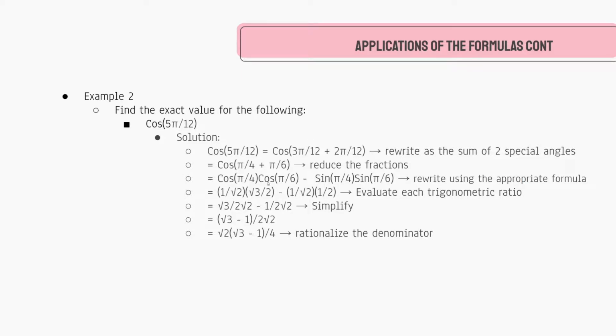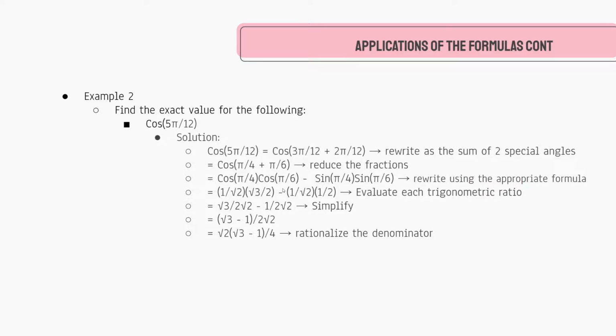Once you find all of them, you multiply the two things that are right beside each other, which is rather simple. Just multiply the numerators together and multiply the denominators together. So doing that gets us the following: square root of 3 divided by 2 square root of 2, and then minus 1 times 1 is 1, and 2 times square root of 2 and square root of 2.